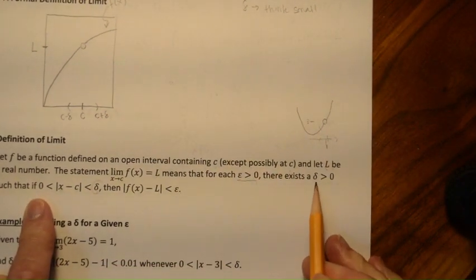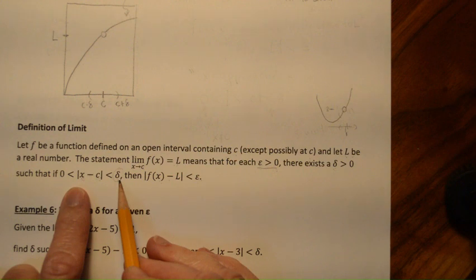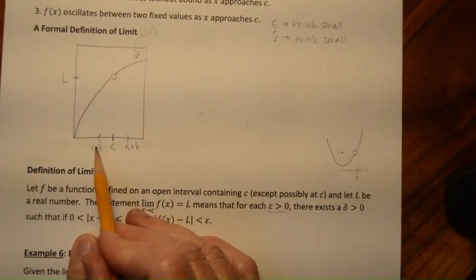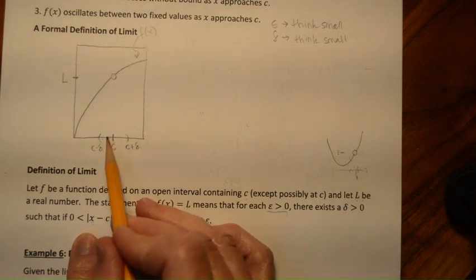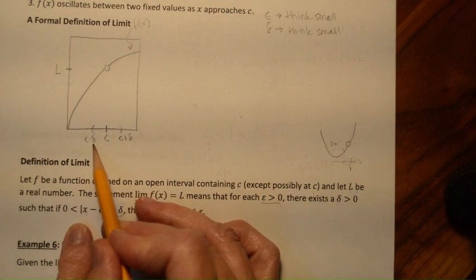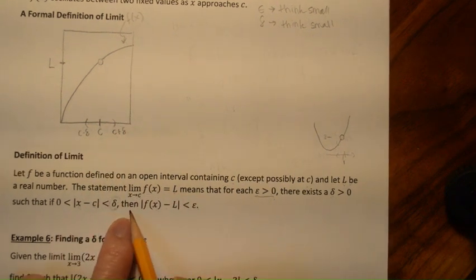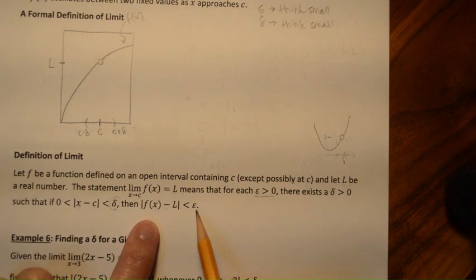Whenever x and c are less than delta apart, x's are all going to come from in here, not from out here, because that's greater than delta away from c. Then the function must be less than epsilon units away from L.